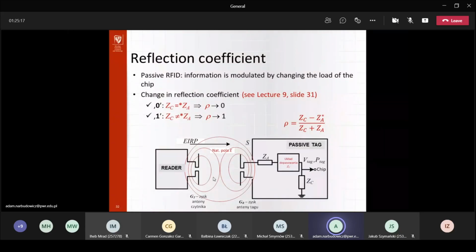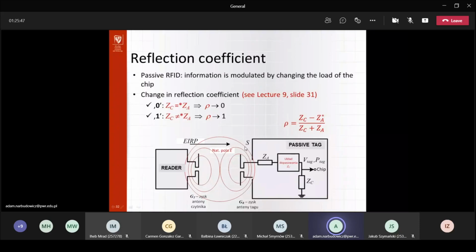The exact difference between when it's still a coil and when it starts being an antenna is a bit liquid. In this case we have a reader with an antenna transmitting some EIRP, effective isotropic radiated power, which we discussed.